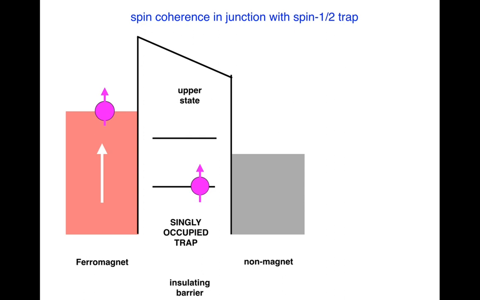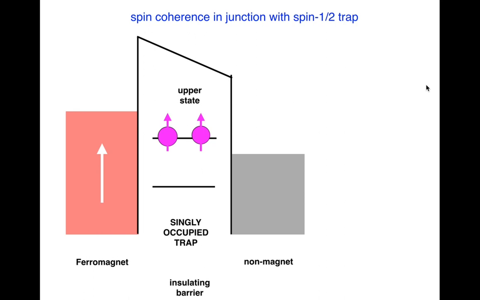All right, so here is the ferromagnet, here's the insulating barrier, and here's the non-magnet. And let's walk through how a charge might go from the left to the right. Okay, so key here is that we have a paramagnetic trap in the middle here, and you have this excited state, which is in this bias window.